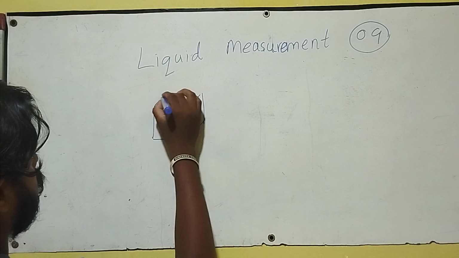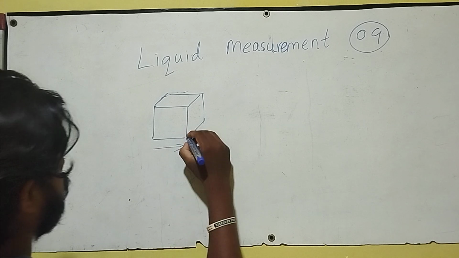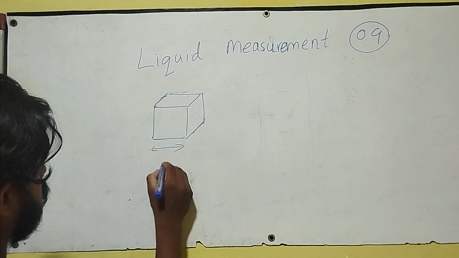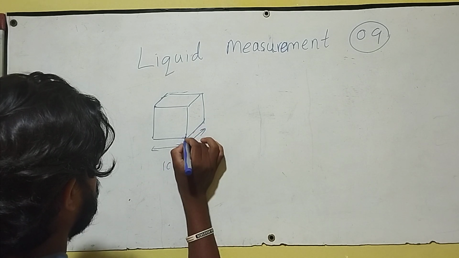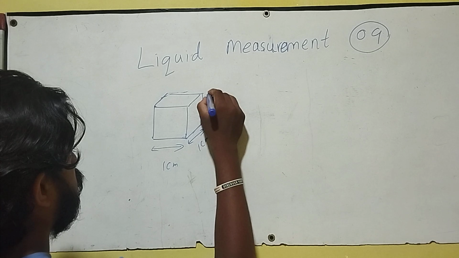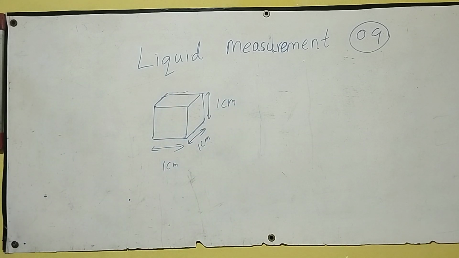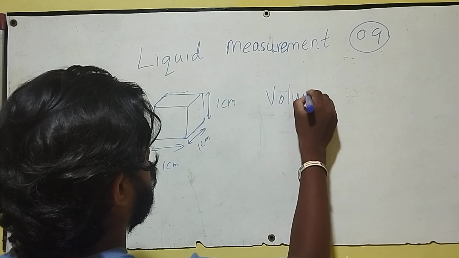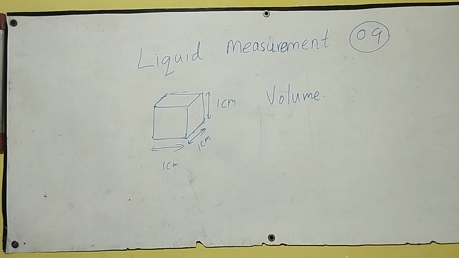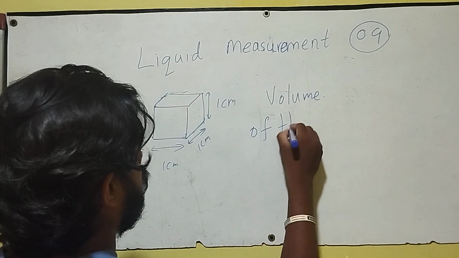This is a cube, and its length is 1 centimeter, its width is 1 centimeter, and its height is 1 centimeter. Now we are going to find the volume of this cube.